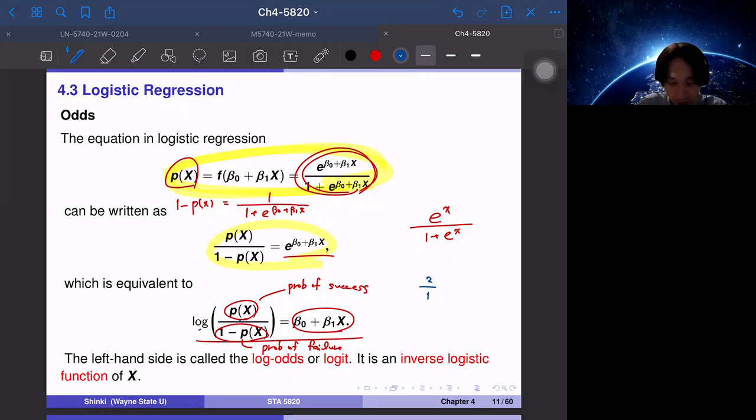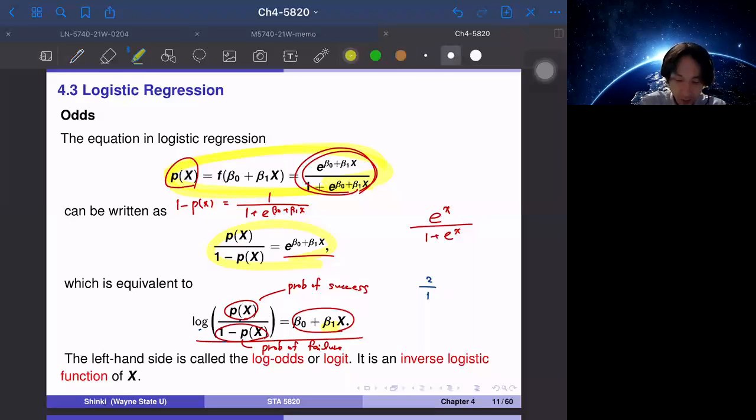So this ratio, the log of odds ratio, gets larger by beta 1 when x gets larger by 1. That is the only possible way to interpret beta 1 directly.